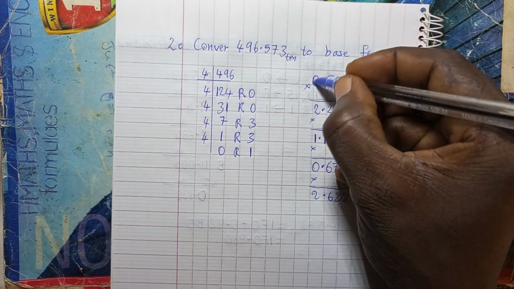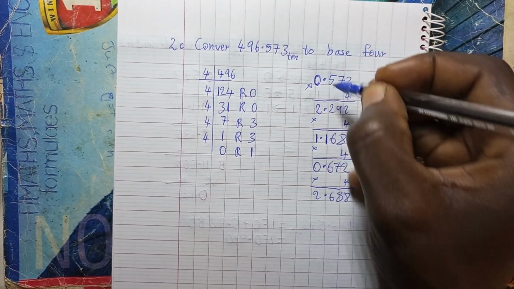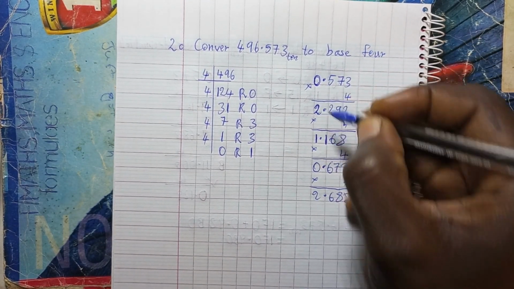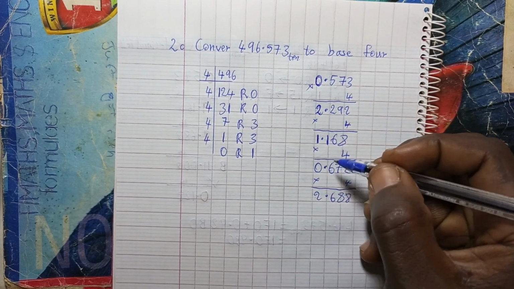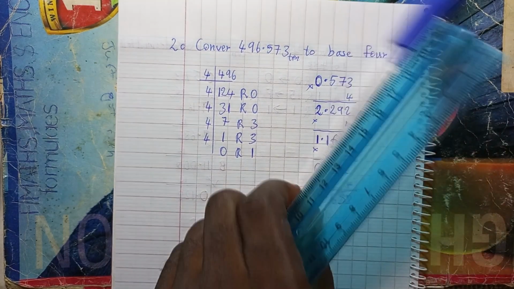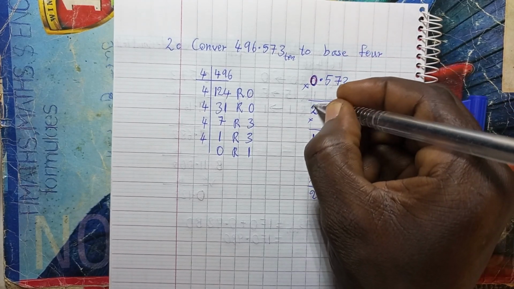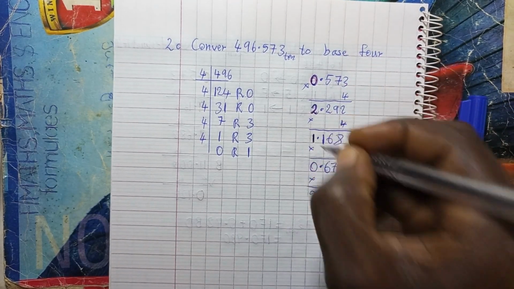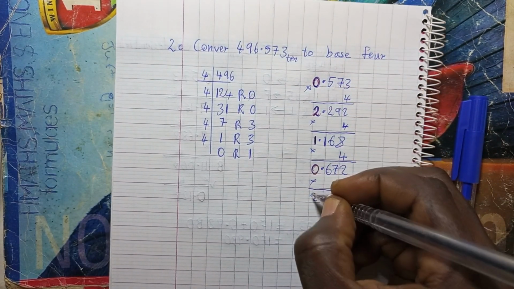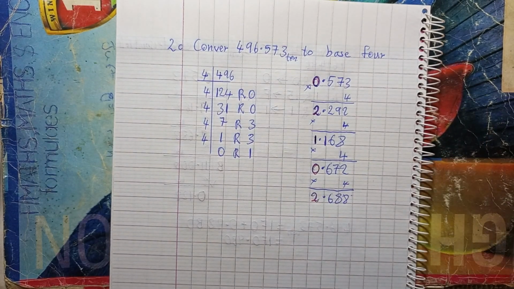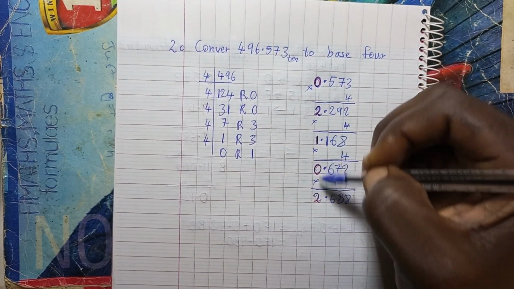Remember, we're writing out these values here before the decimal point. Let me use a red pen. This is what I needed here. And these ones, I turn up to 4 values, 1, 2, 3, 4.